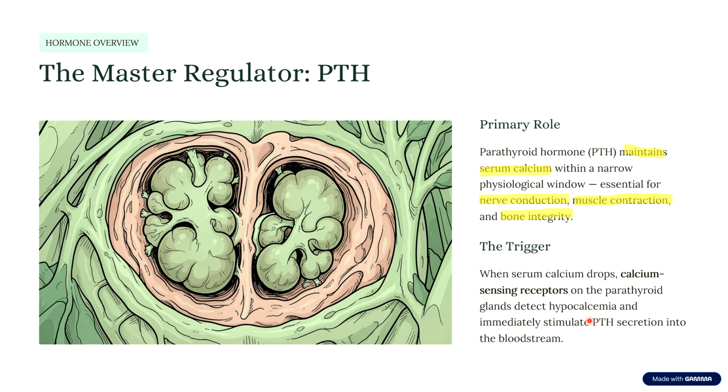Hypocalcemia means hypo means less, calcemia means calcium ion, and they immediately stimulate PTH secretion into the bloodstream so that this PTH can help maintain the calcium level in our body. So we have to remember these calcium sensing receptors, without which calcium ion cannot be retained within our body. This is a very important structure present on the parathyroid gland.